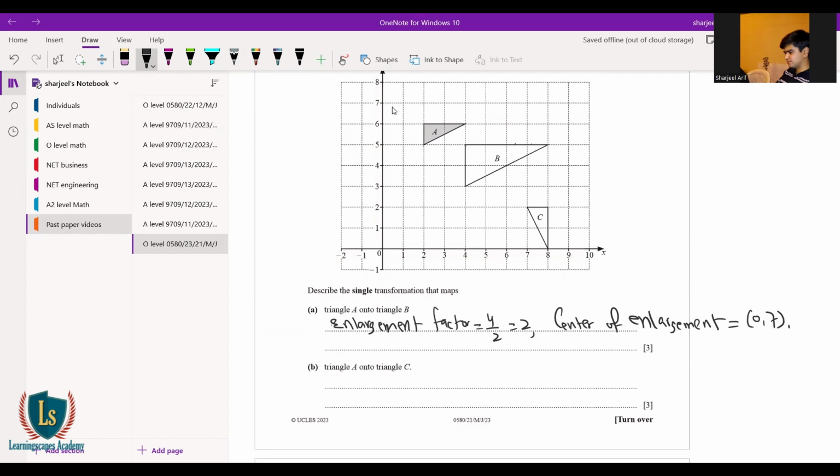So we have to draw a line. Check whether all the points make the same angle. I think this will not work. So this point is not making 90 degrees.